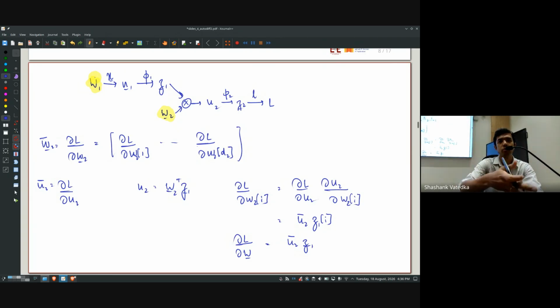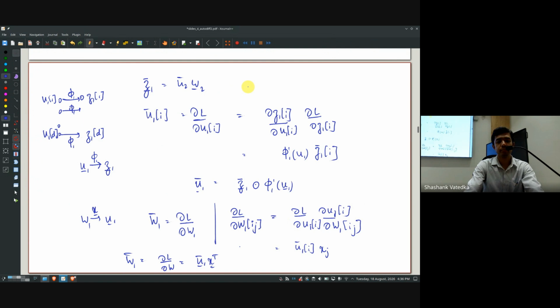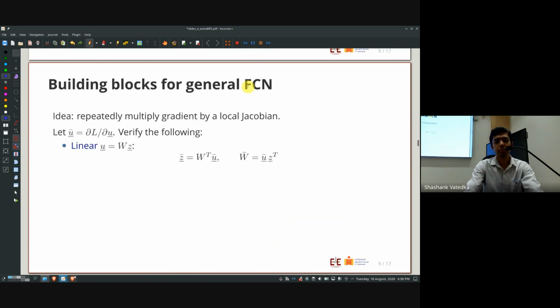That's the order of computation of the partial derivatives. At any point here, U2 bar was equal to the partial derivative of Z2 with respect to U2 times Z2 bar. That was happening in every step, right?